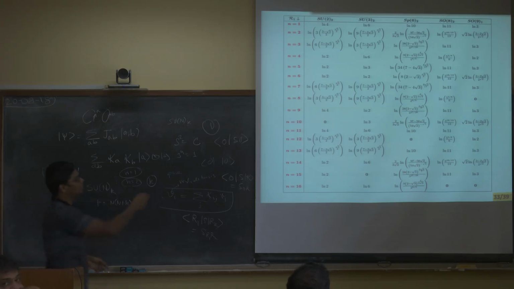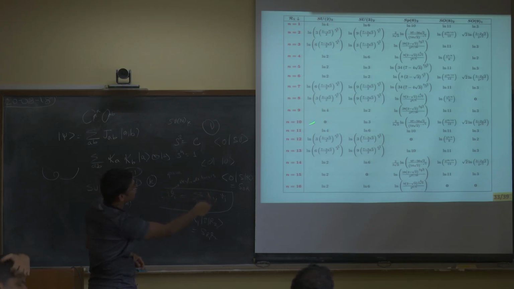So this is the von Neumann entropy, the Renyi entropy with index 1, and we have computed it for various values of n, for the group SU2 with level k, k equal to 3. So n equal to 1 means the Hopf link with one twist. The entropy is log 4 because the dimension of the Hilbert space for SU2 level 3 is 4. For n equal to 2, this is the value of the entropy, and you can see that there is a periodicity.